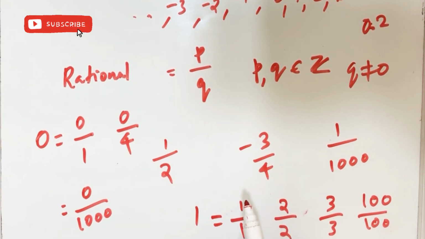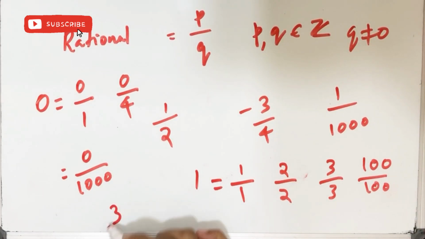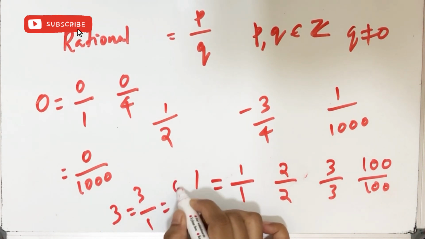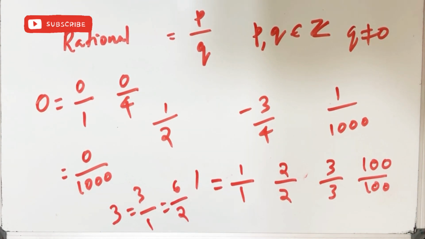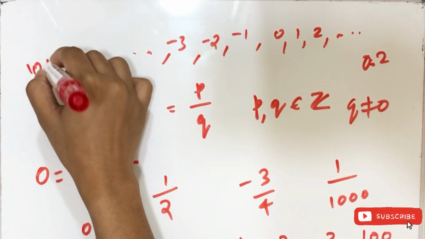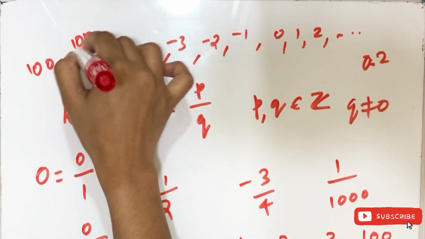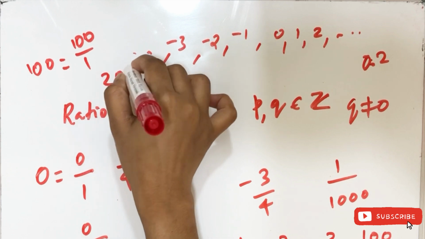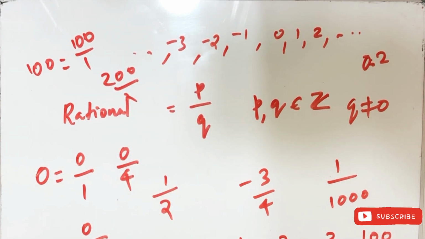So every integer is a rational number. How will you write 3? We can write 3 over 1 or 6 over 2. All these are 3. How will you write 100? 100 is 100 over 1 or 200 over 2. So every integer can be expressed in the form p over q, an integer over another integer. So all integers are rational numbers.